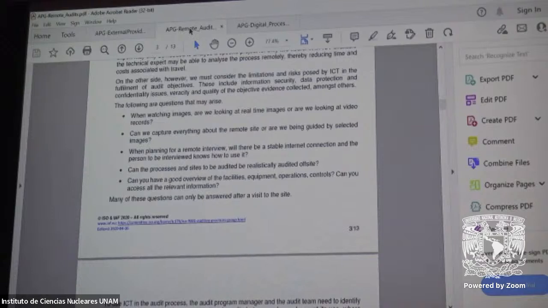It saved hotel bills and travel, so the time of the auditor can be spent doing more audits. Their productivity will increase, their revenues will increase. They were already pushing for remote auditing before COVID. COVID made it a reality and a necessity.